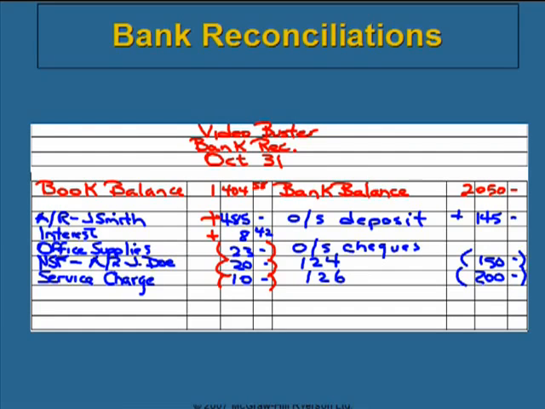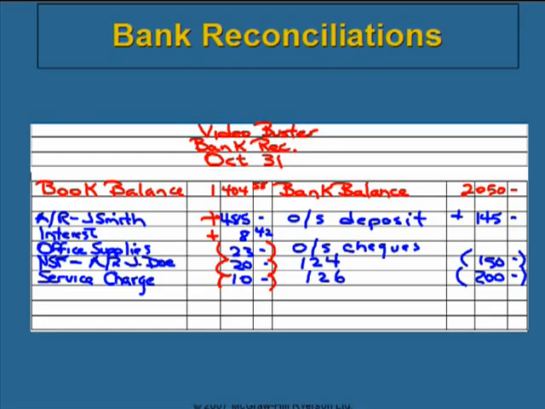We're going to take the $2,050, remember that was the balance on our bank statement, and we're going to add the items that we had recorded in our books, but we didn't have recorded on the bank statement. So we're going to take the $2,050, and we're going to add the outstanding deposit of $145. We had two checks that were written in our accounting records but had not cleared the bank yet.